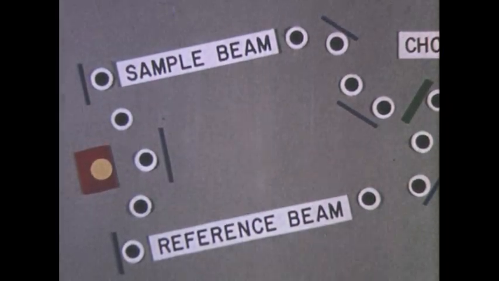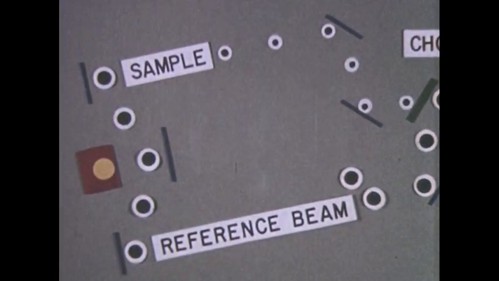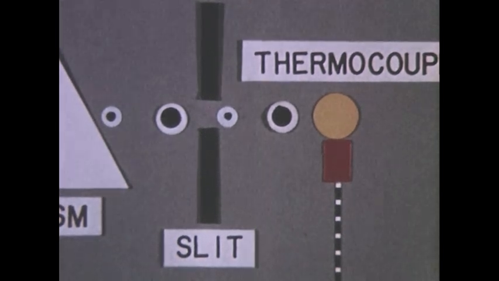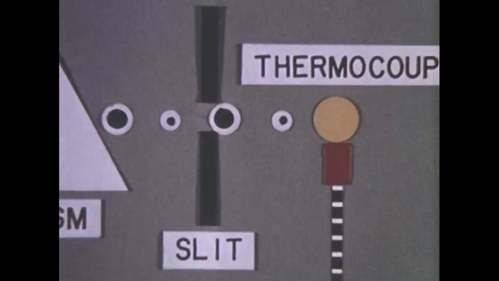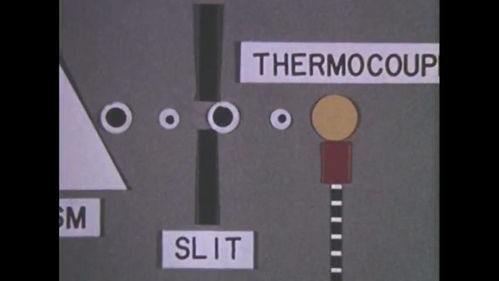However, if the intensity of the sample beam is reduced by absorption of a sample, the two signals may be unequal at times. The recorder then responds to this difference by drawing an absorption band.